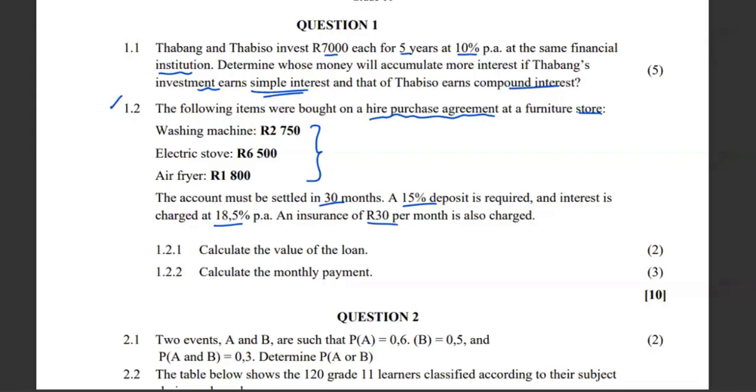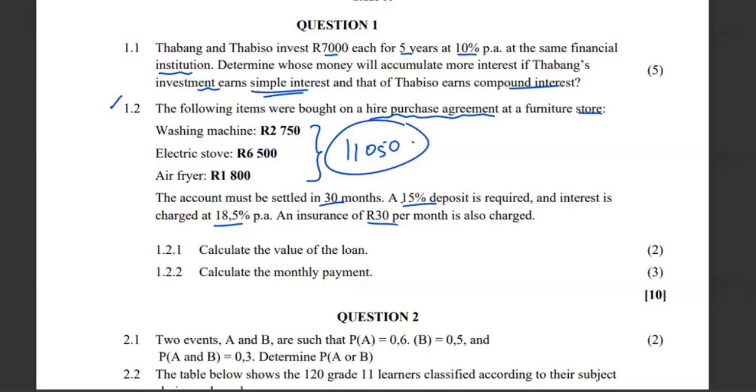To get the value of the loan, let's start by getting the total of all the items: 2,750 plus 6,500 plus 1,800, which gives 11,050. So this is the cash price.